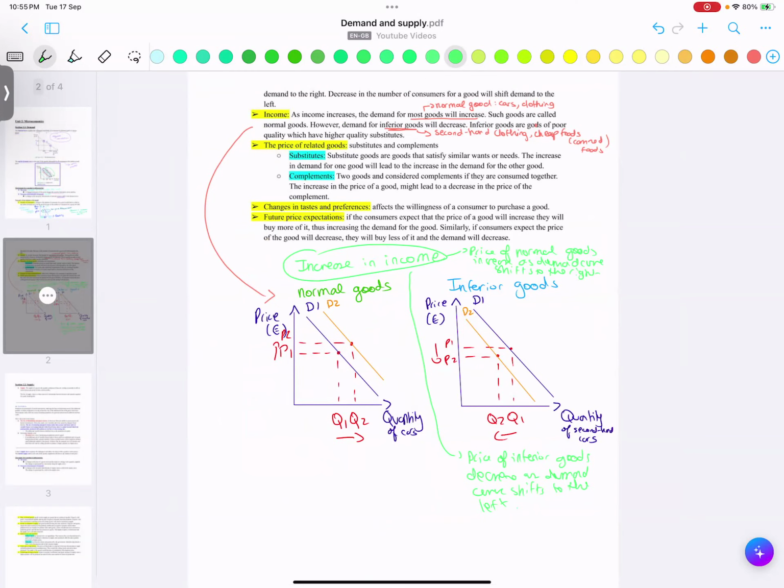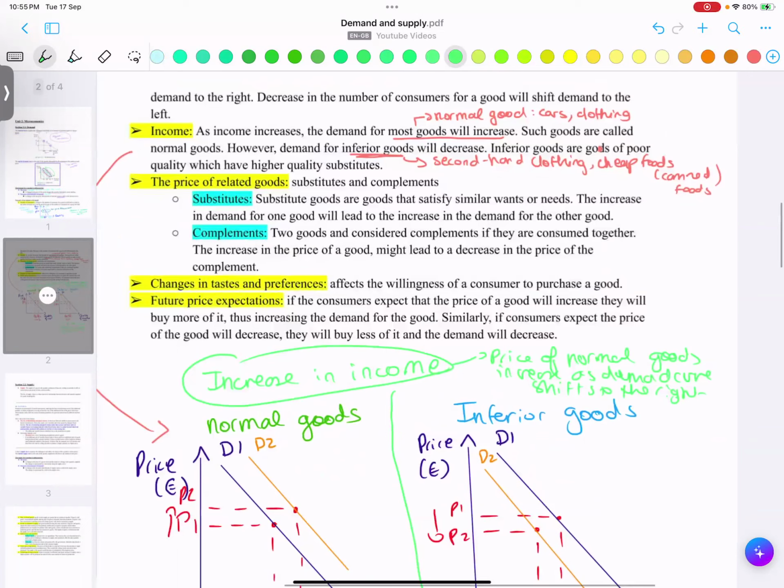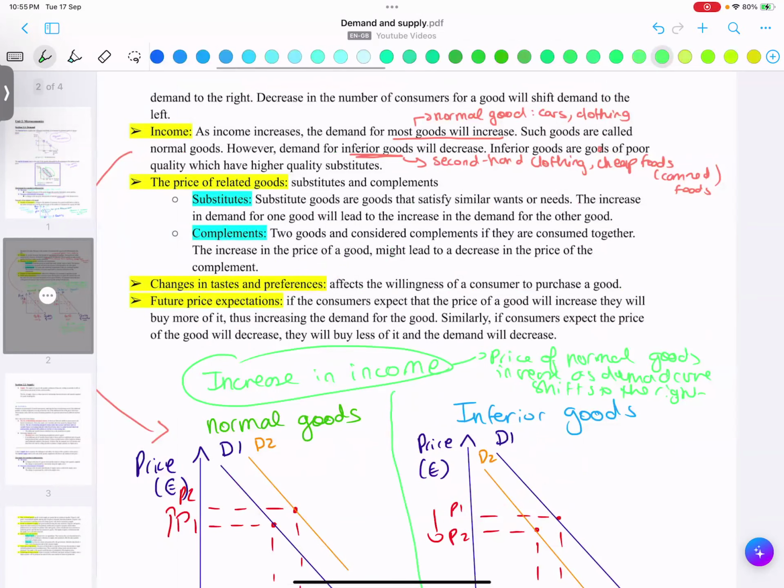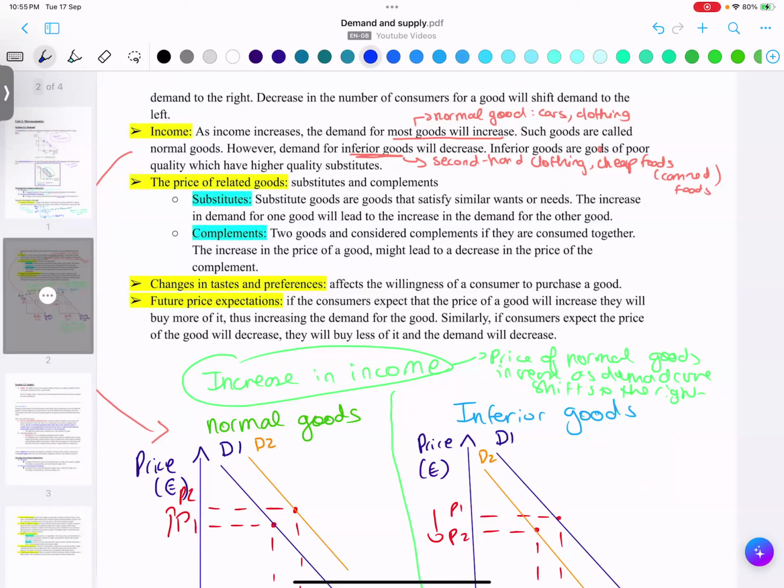Now we're going to be talking about the price of related goods. You have two types of related goods: substitute goods and complements. Substitute goods are goods that satisfy similar wants and needs.